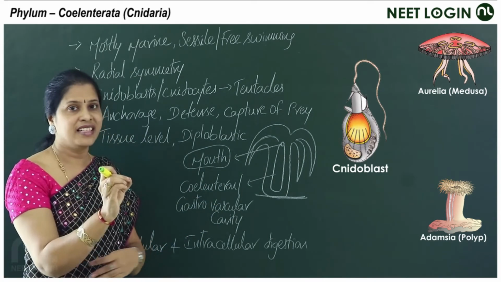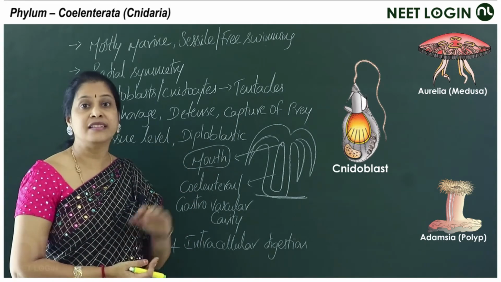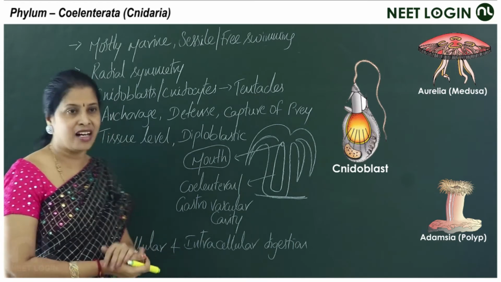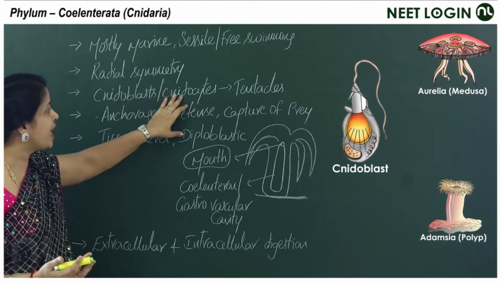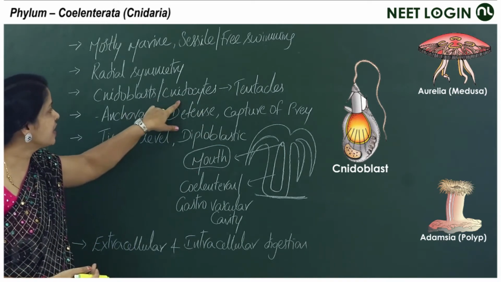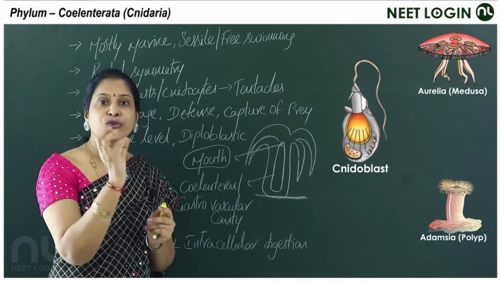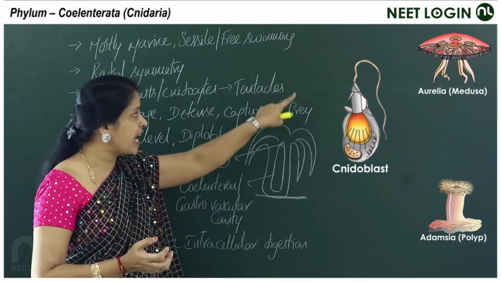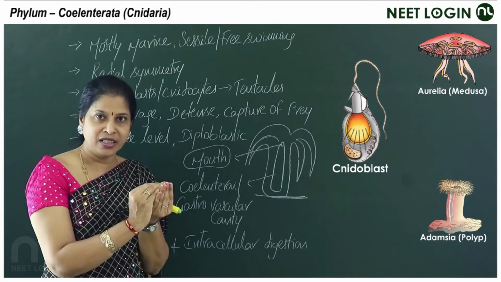Because of the presence of these cells, this phylum is named Cnidaria. And why do these cnidarians have these cnidocytes? These cnidocytes present over the tentacles have a fluid-filled capsule called a nematocyst.